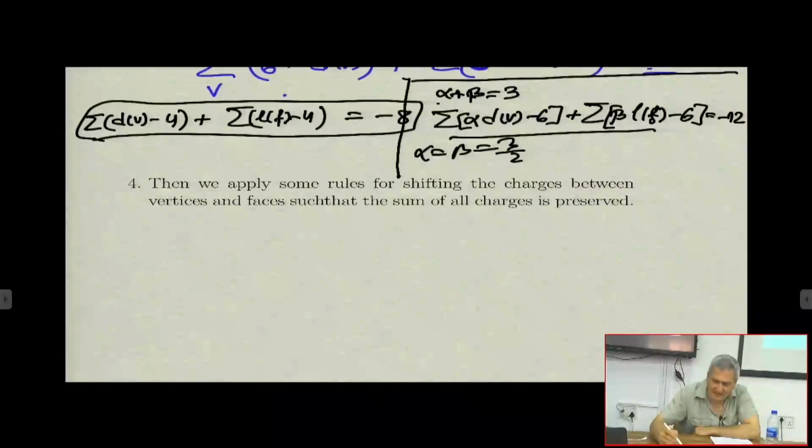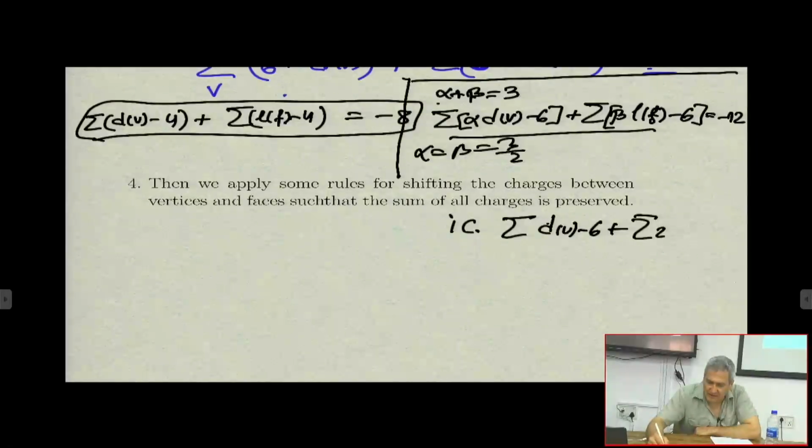Let's say we take the initial charge: d(v) - 6 for vertices and 2l(f) - 6 for faces, with the total being -12. If we take an initial charge like this, what vertices and faces will have negative charge?